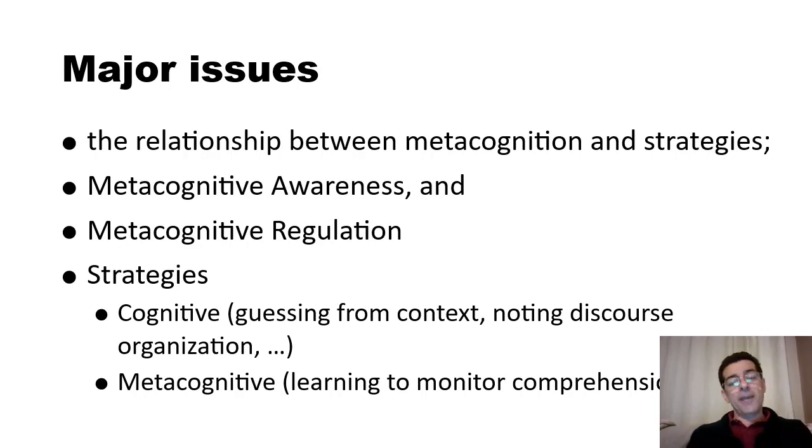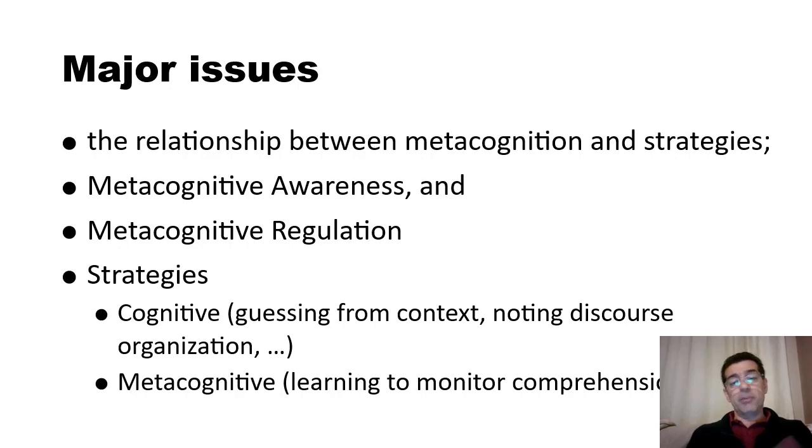Imagine you're reading a passage and you are reading a paragraph there and you don't understand that paragraph. Your decision to go back and reread that paragraph, start all over again, is a metacognitive strategy you're using, not a cognitive one.